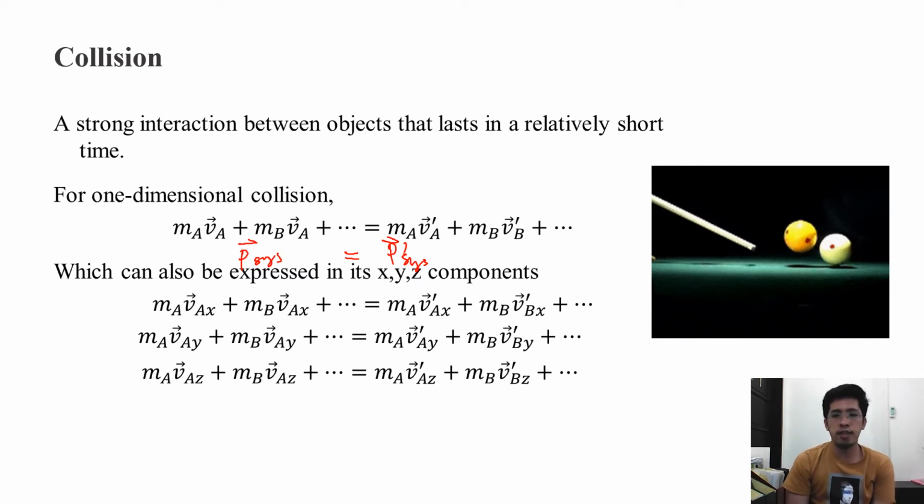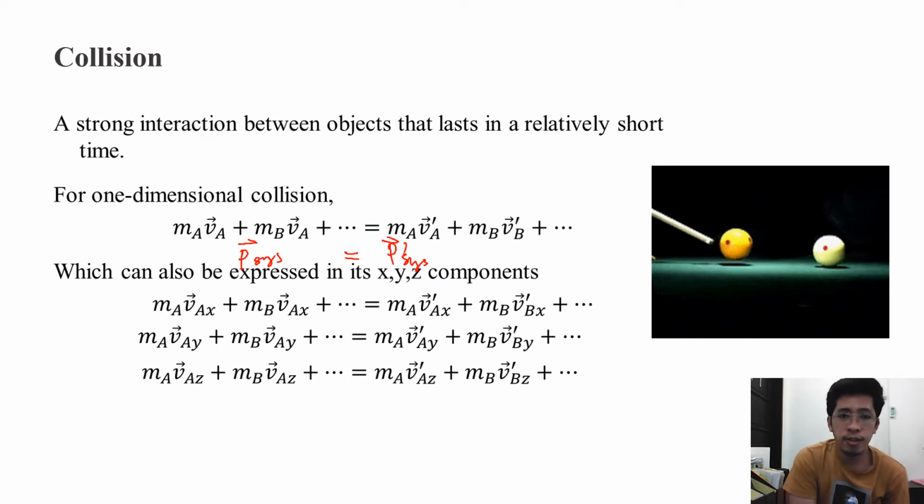If your system is isolated, or if the sum of the external forces is zero, then your momentum should be conserved, which can be expressed in its XYZ components. So you can have momentum along the X, along the Y, and along the Z.